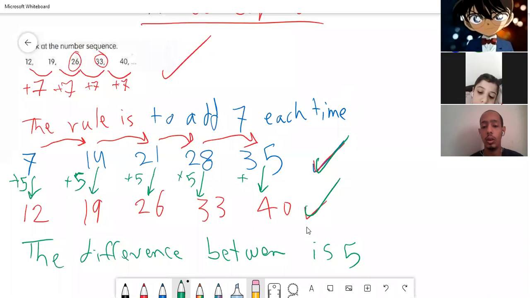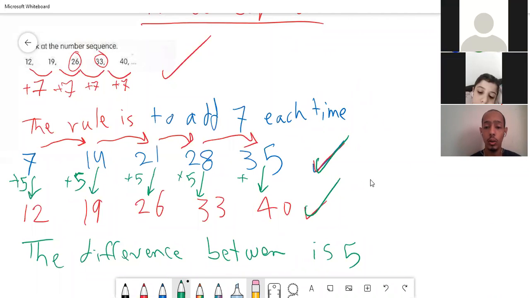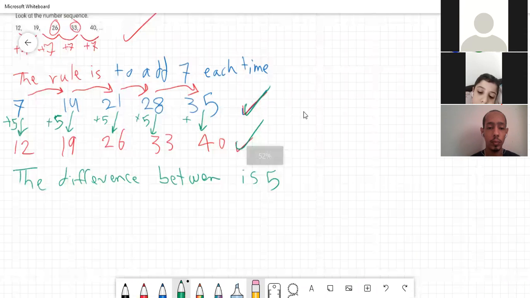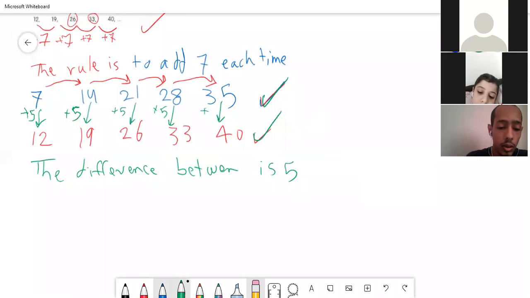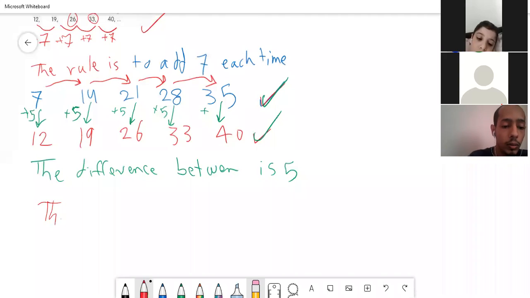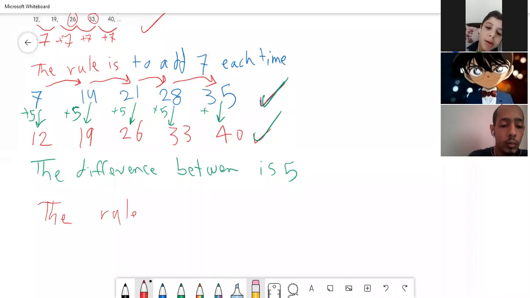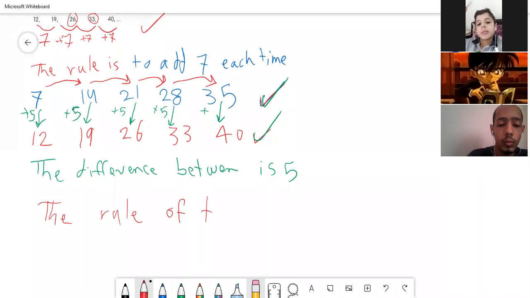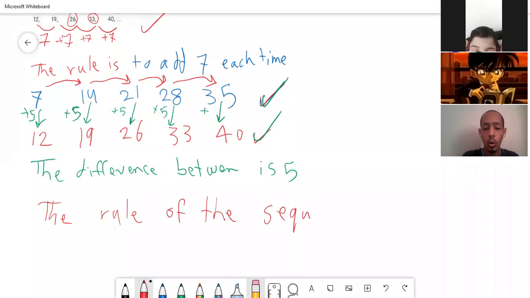Now we can describe a new sequence. Who can tell me what is the rule of the sequence?